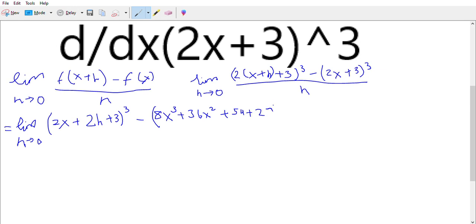So that's the answer of 2x plus 3 cubed. By the way, if I were to write it out without the parentheses, then I'm going to have to distribute the negative to all the numbers. And by the way, all of this is just divided by h.